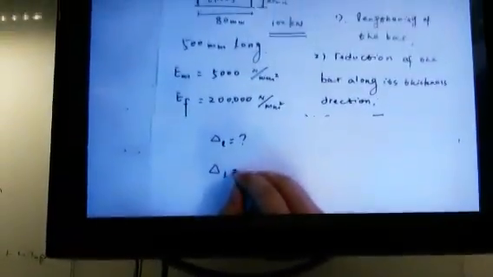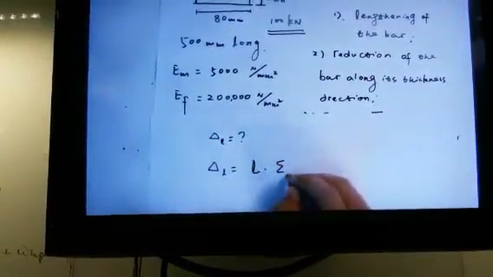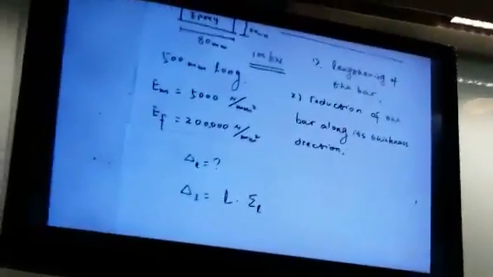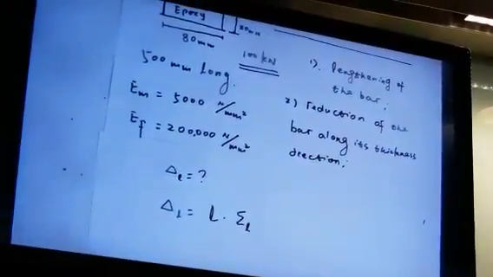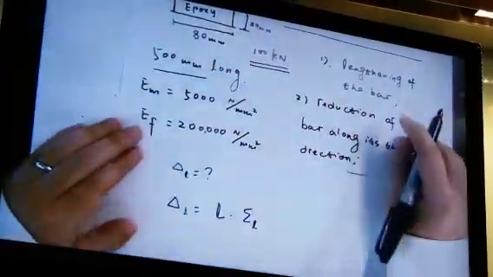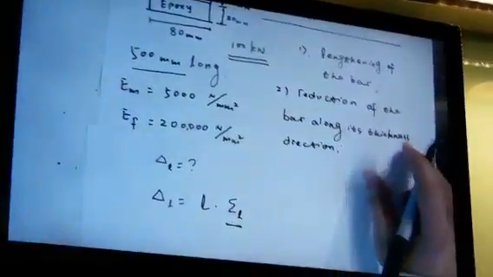We can calculate the elongation by the original length times the strain. Elongation divided by the original length gives strain, so the elongation will be the original length times the strain. The length is here already, 500. So we need to figure out this epsilon L.